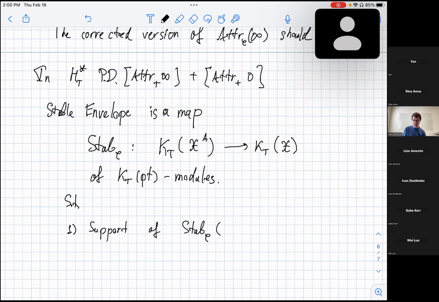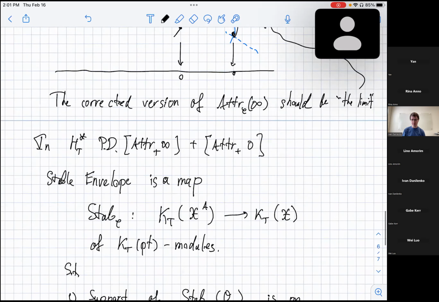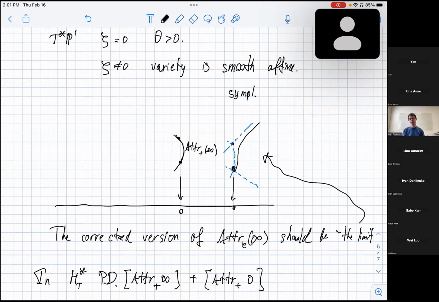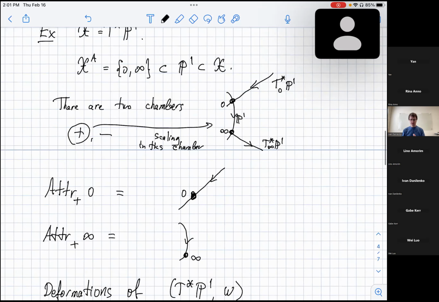So the support of the stable envelope of O of P is on the union of all smaller attractors to Q with respect to C, where Q is smaller than P with respect to chamber C. My points here have some order induced by the action, and in this picture, zero will be smaller than infinity.